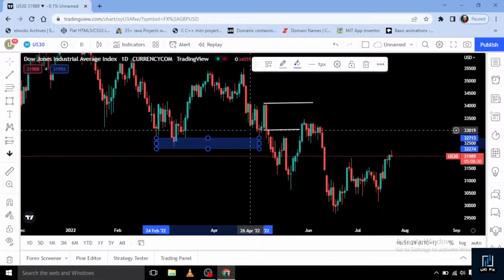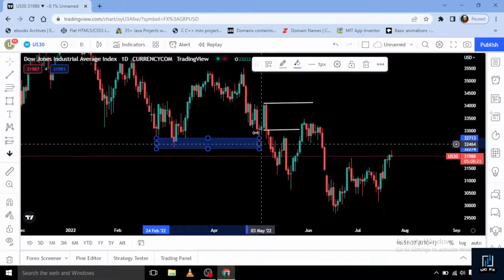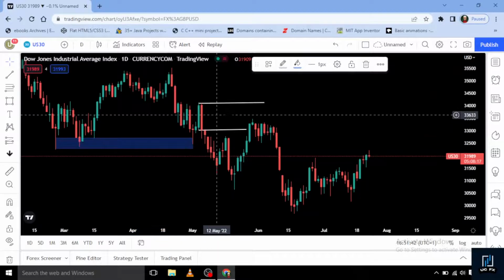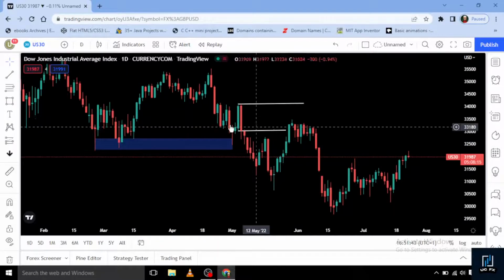So they will try to induce price. Remember what I normally say: before a buyer can buy in the market, you need a seller. So they will manipulate price to look as if it's going to keep going up by adding buys inside this area.